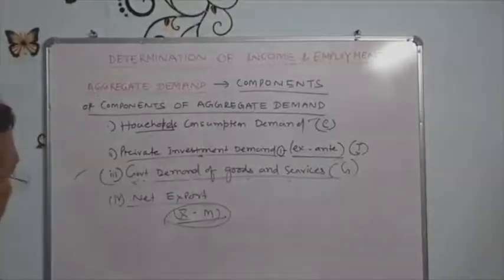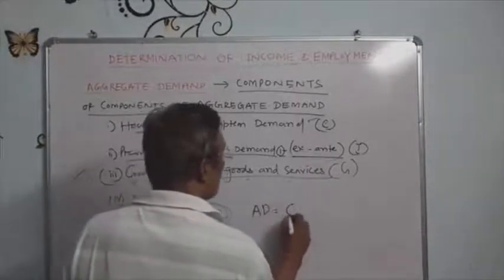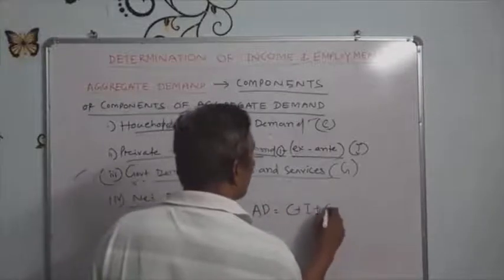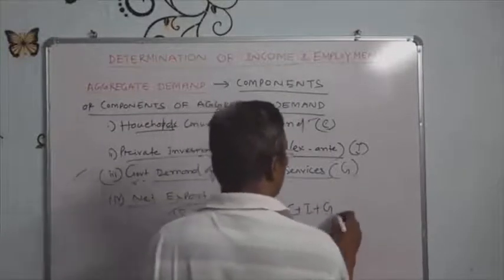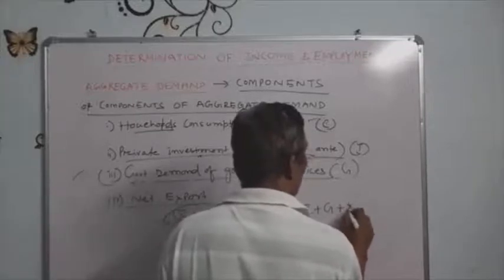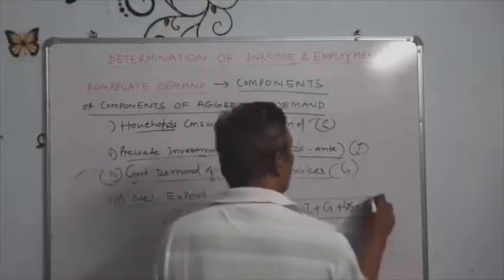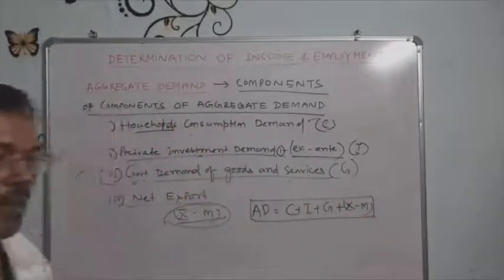This can be written shortly as aggregate demand AD equals consumption plus investment plus government expenditures plus net export, or X minus M. This is called aggregate demand.